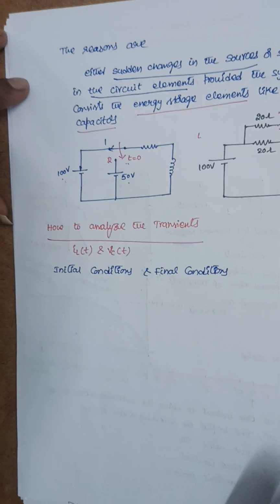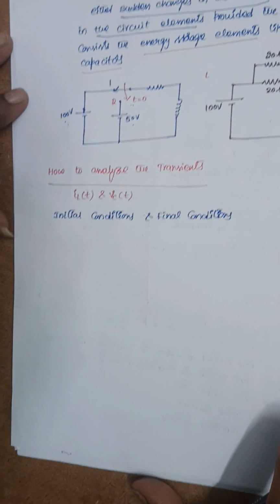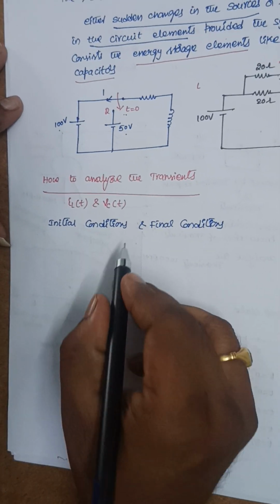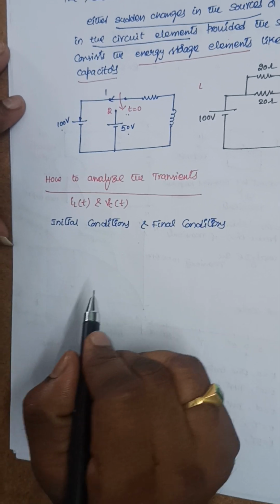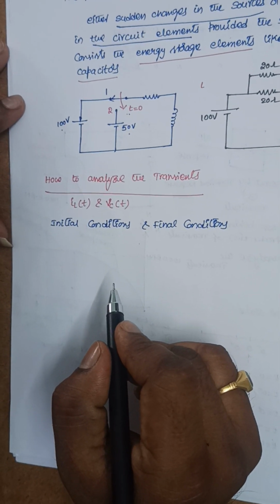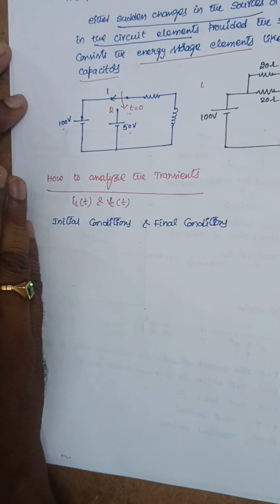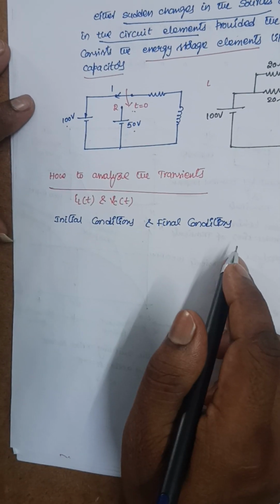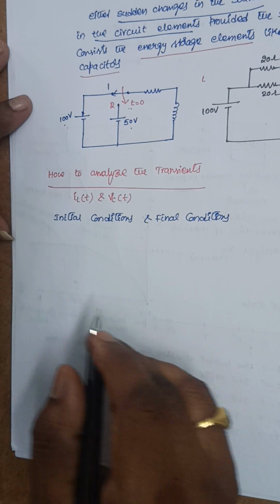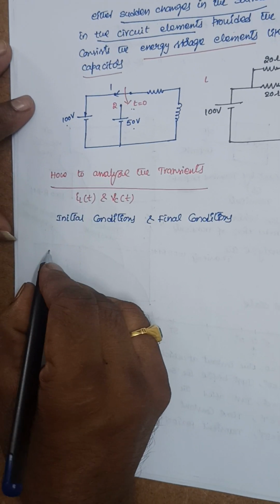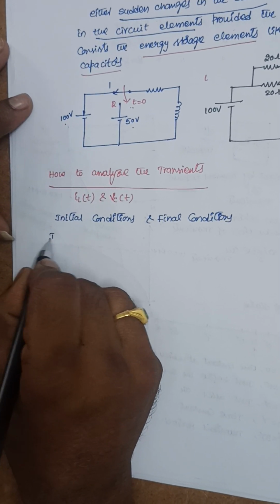We need to understand these initial conditions and final conditions for the inductors and capacitors. To understand them, let me take an inductor. First, let me write for an inductor.